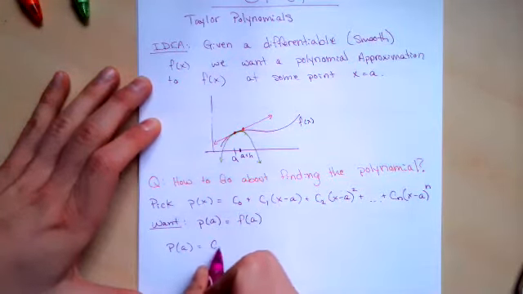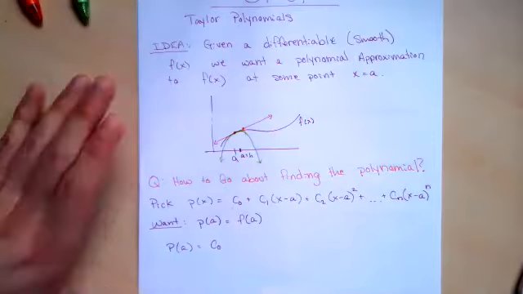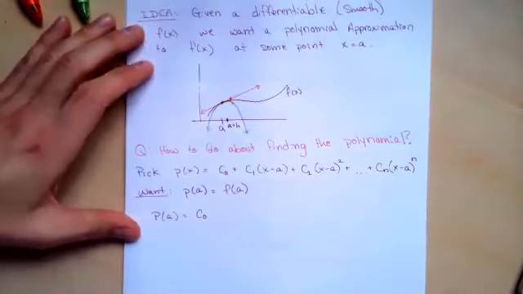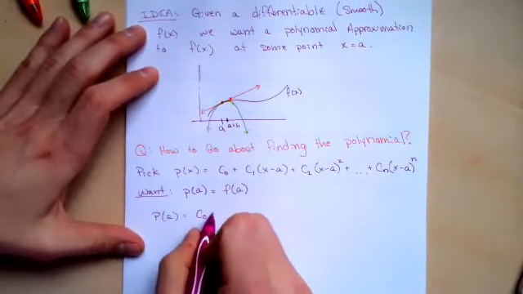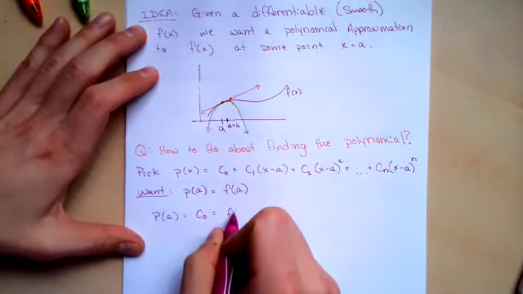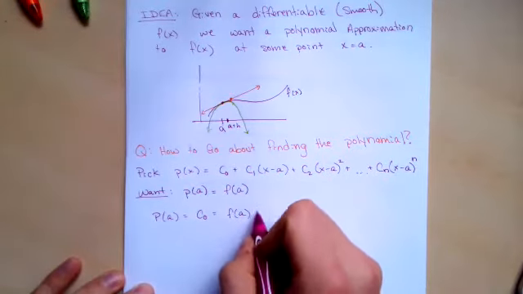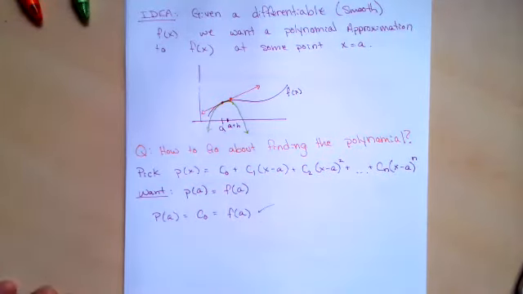So P of A is just the initial constant there, our constant term. Which means that this C0 is easy to find. It's just the value of the function at our special point. Good. We're good on that. We can compute that one value. That's at least our starting point.